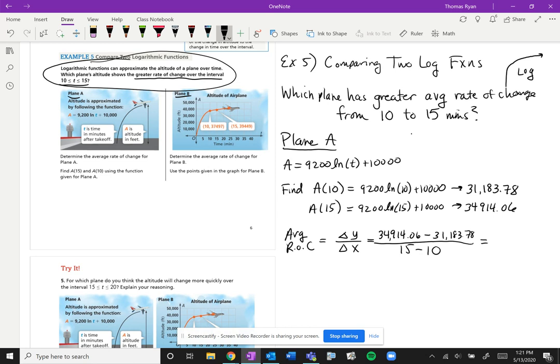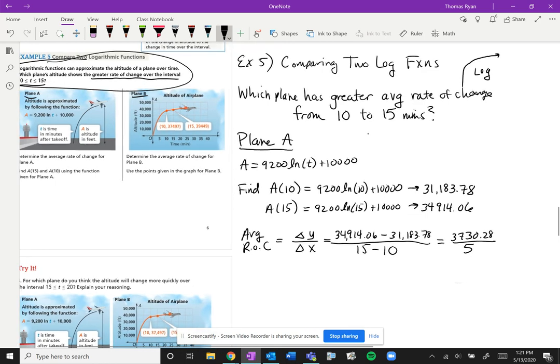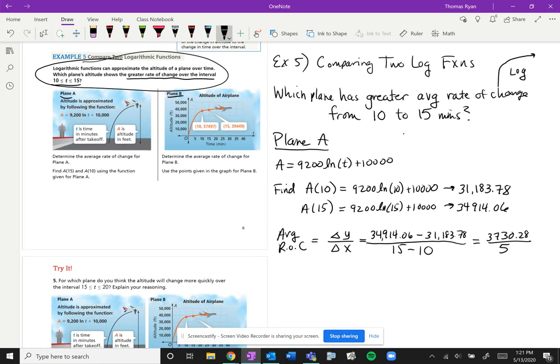We get 3,730.28 over 5. So on average, plane A is increasing its altitude at about 746. What are we talking in feet? All right, so the average rate of change is about 746 feet per minute.